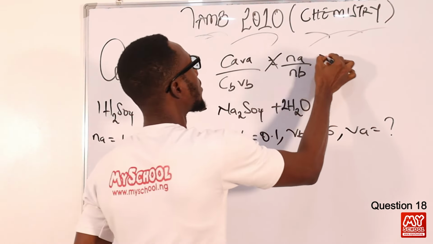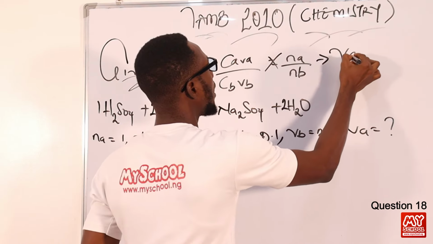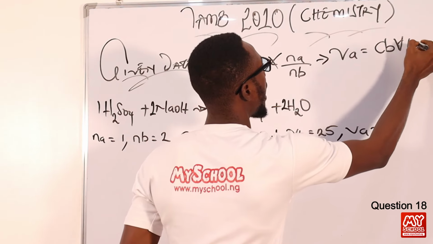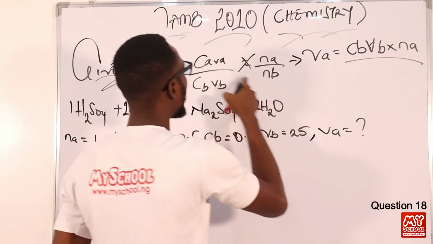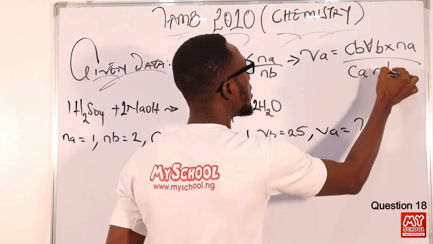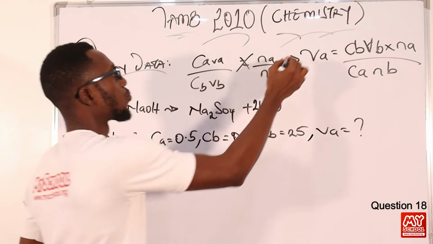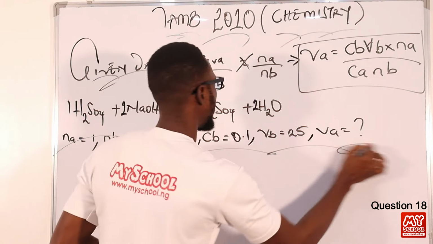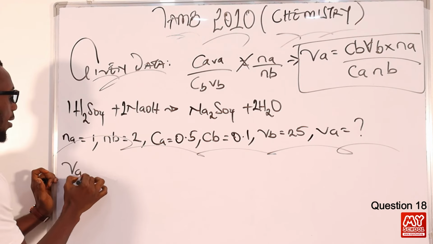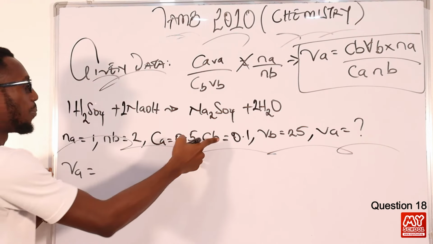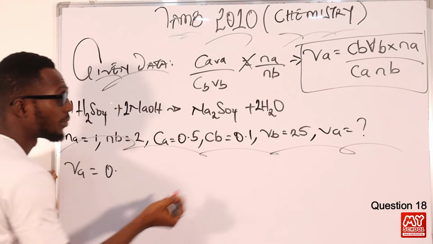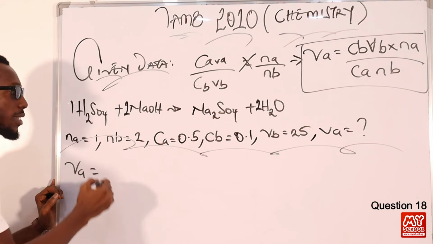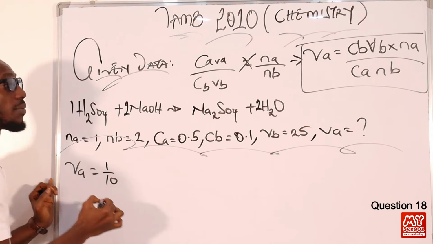So doing that, VA equals CB VB times NA over CA NB. So VA equals CB, the concentration of the base, that's 0.1, or I prefer to use 1/10 because I like to work without a calculator on this platform. So this is 1/10, which still means 0.1, please.